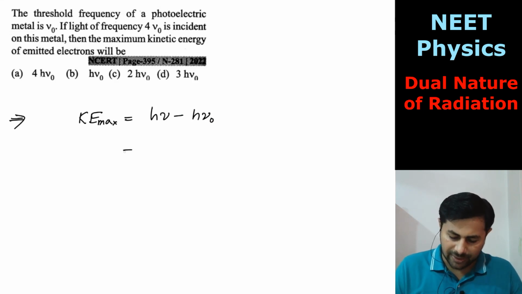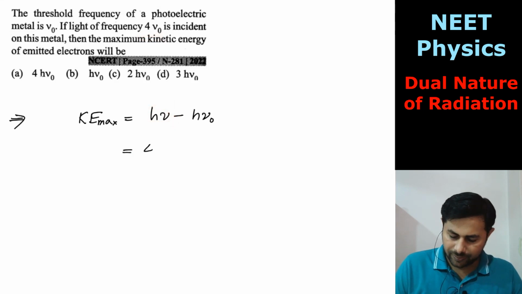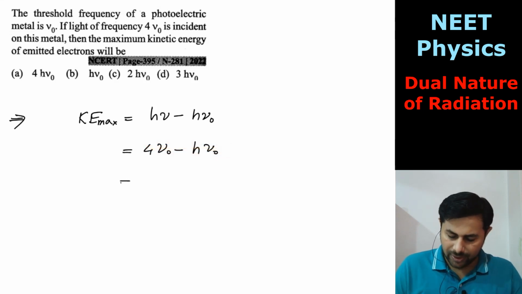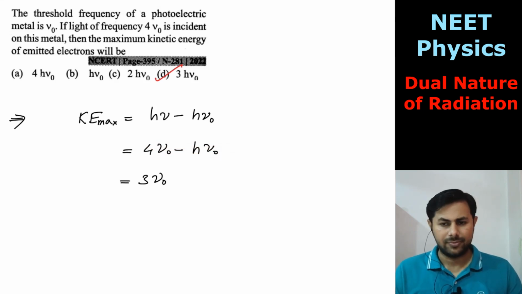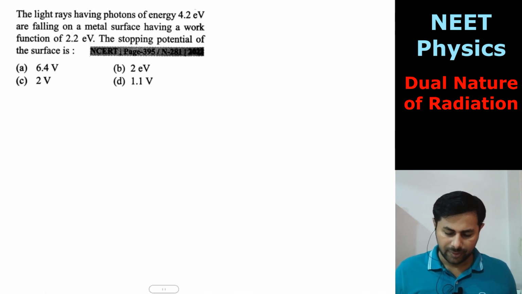So this KE max is equal to h nu, what is h nu? 4 nu naught, minus h nu naught. So just subtract that. So that is 3 times h nu naught. That's option D. Very simple, right? Okay, let's see next one.